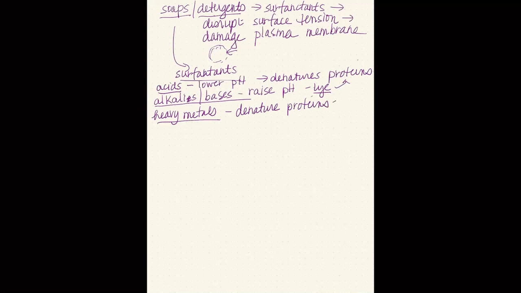But think of things like silver, copper. I mean, they have selenium on here. But they're going to destroy the three-dimensional structure of the protein. So the proteins don't work anymore. Enzymes don't work anymore.